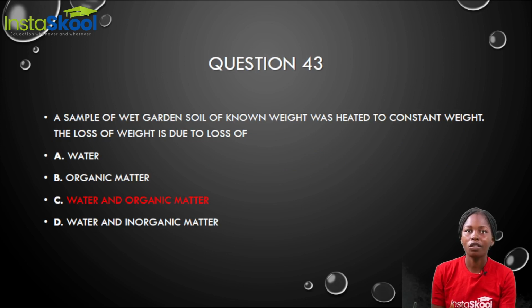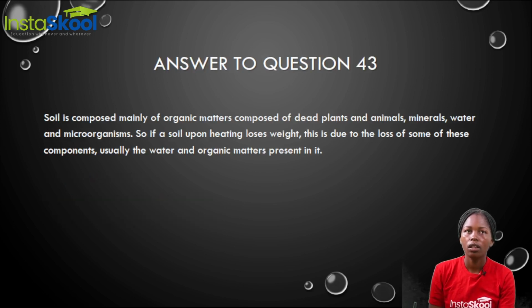Now our question 43. A sample of wet garden soil of known weight was heated to constant weight. The loss of weight is due to loss of dash. Now when we talk about soil, the soil is composed of organic matter.